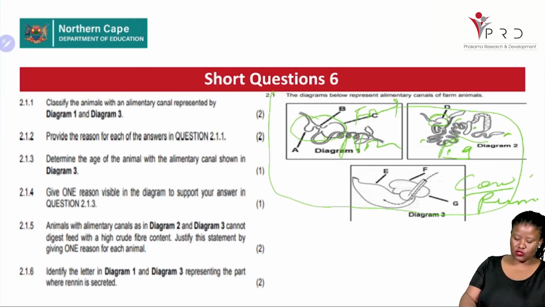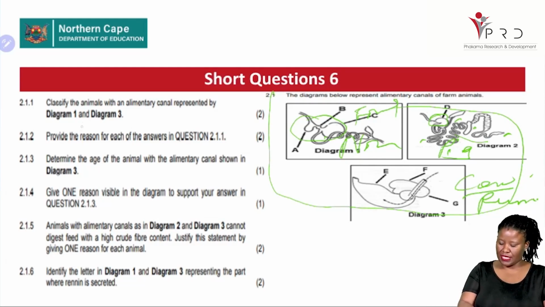Classify the animals with the alimentary canal represented by diagram 1, diagram 2 and diagram 3. Support your answer. Provide the reason for each of the answers. Why are you saying diagram 1 is that? And why are you saying diagram 2 is that?